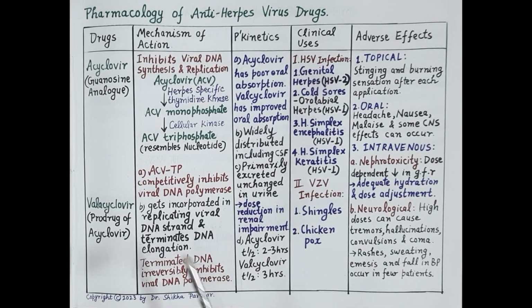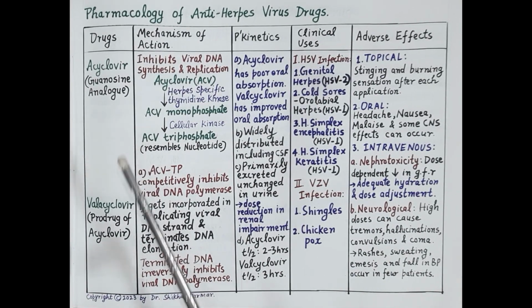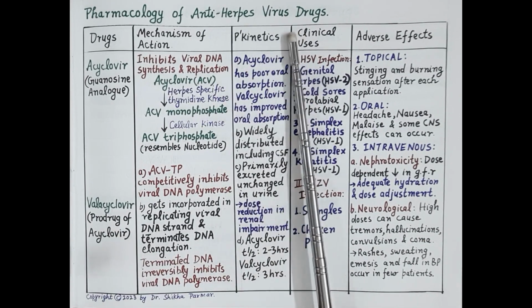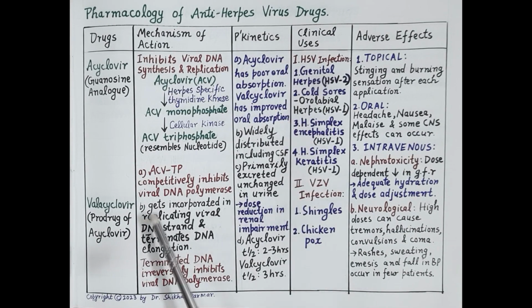So, acyclovir as well as valacyclovir produce their anti-herpes virus effect by causing inhibition of viral DNA polymerase. So, this is the mechanism of action of acyclovir and valacyclovir.